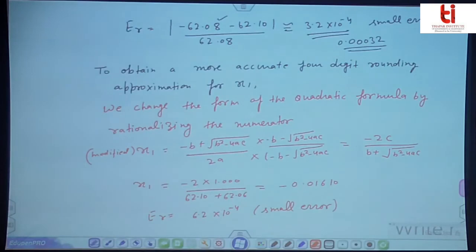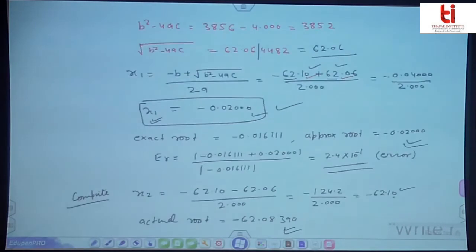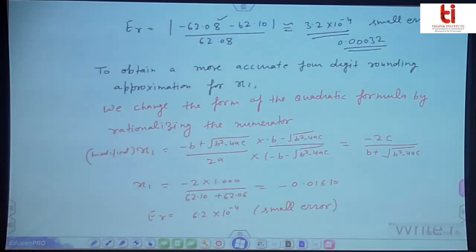Just keep in mind, whenever b is positive, as in this equation, we get this formula. Whenever b is negative, the formula to compute the root is minus 2c upon b minus square root of b square minus 4ac.